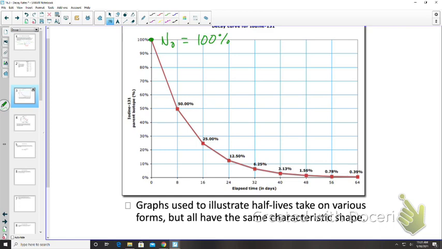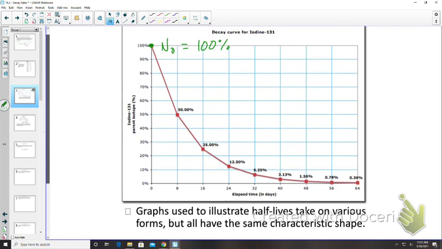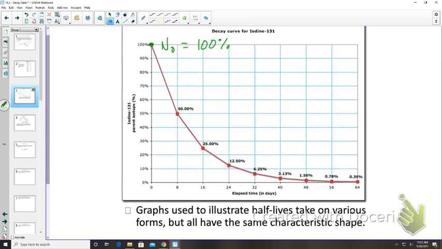After 8 days, which is the half-life for iodine-131, the sample is going to be 1/2 as radioactive as our original.